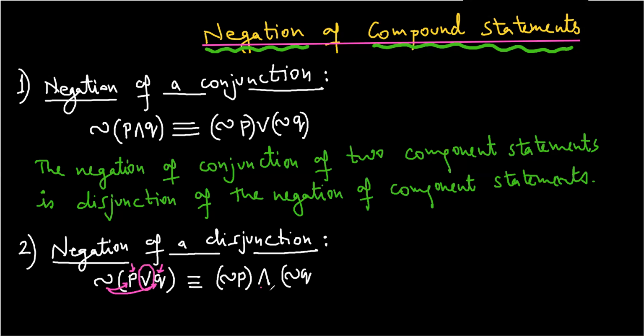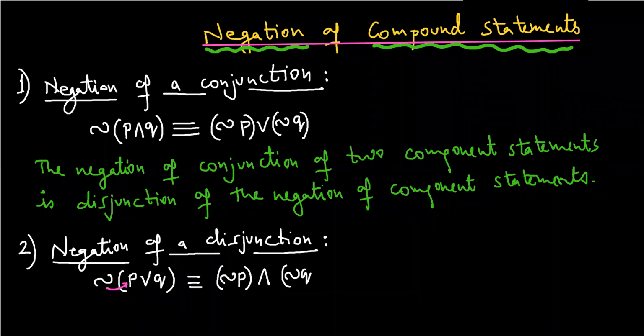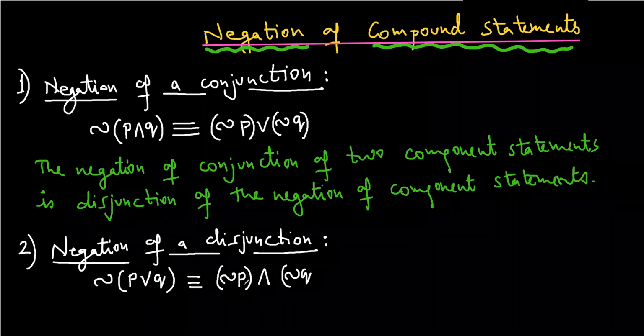This is how you get it. So negation of P or Q, I wrote negation P, negation Q, and the connective or is changed into and.